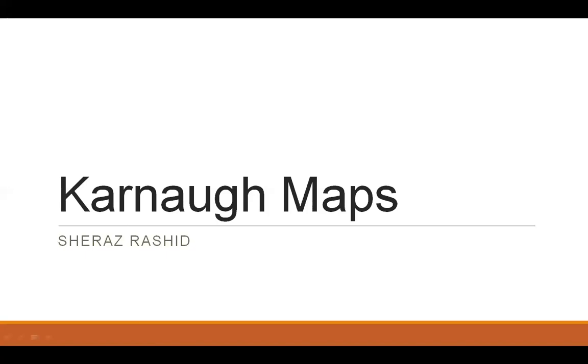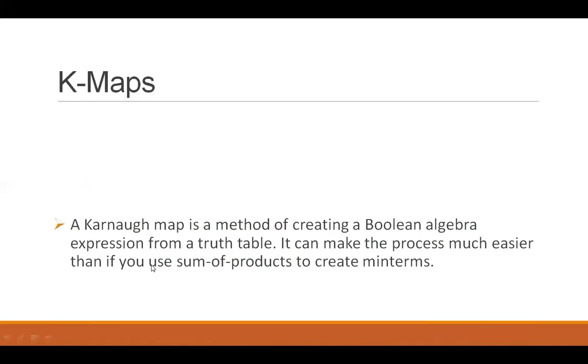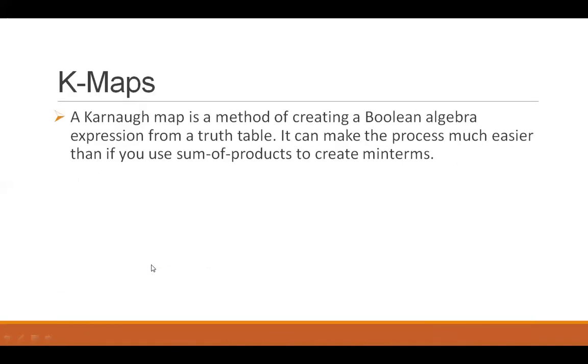Let me tell you that a Karnaugh map is a way of simplifying a Boolean expression. Karnaugh map lets you find the sum of products, which creates a min term.